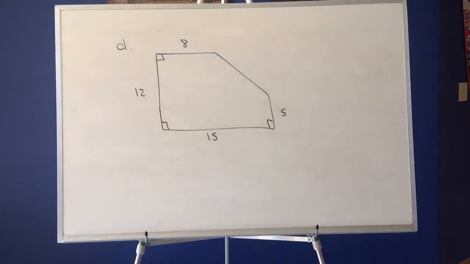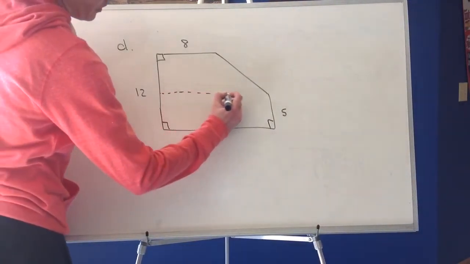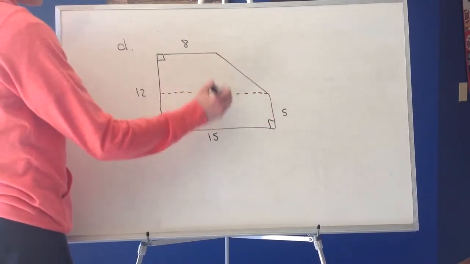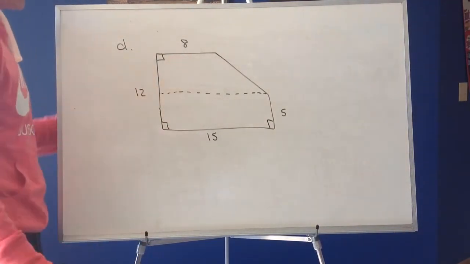So this one we're going to break into a trapezoid and a rectangle. It's kind of up to you which way you want to do it. I tend to do it this way, but if you wanted to do it this way, you could have as well. That's fine. It doesn't really matter to me either way. But you do end up with a trapezoid and a rectangle.